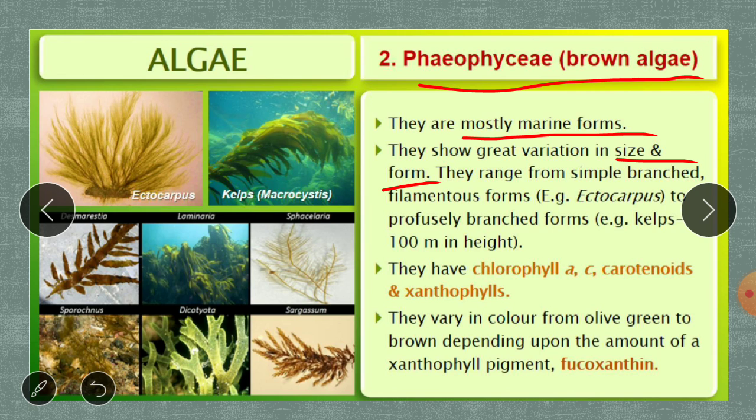Here in the diagrams you can see this one is different from this one and this one. So see how different types of brown algae there are. They are of different sizes and forms, from simple branched filamentous forms, for example Ectocarpus, where you can see a simple branching, to profusely branched forms, meaning very rapidly branched with more branches, as you can see here in the kelps.